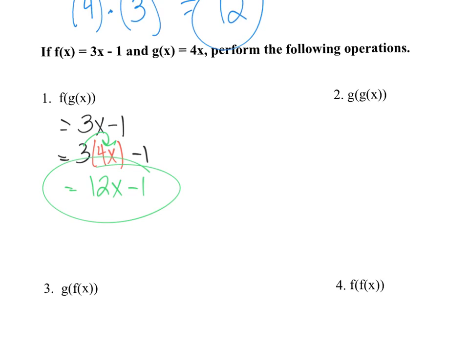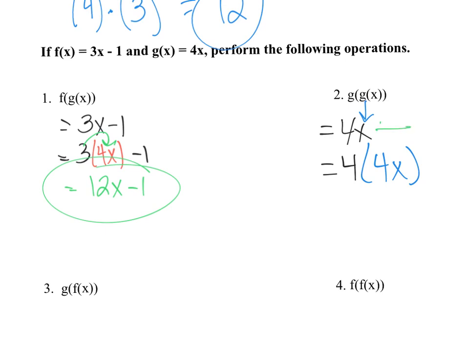Okay, now with number 2, it's not a typo. I don't want you to freak out. Okay? The same thing we've been doing. You're just using g of x twice. Okay? So, what's my first? Thank you, 4x. What am I replacing this x with? Good. Now, super important, the word replace. The word replace, that means that x goes away.